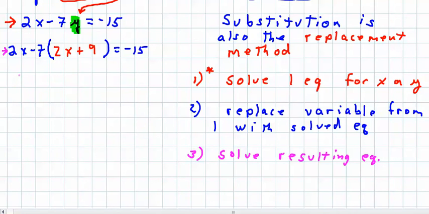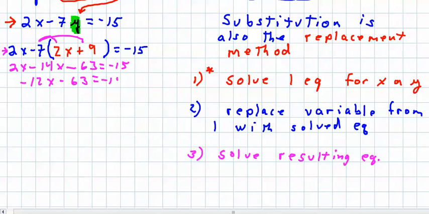So I'm going to solve that. 2x minus, and I distribute 7 times 2, 14x, minus 7 times 9, 63, equals negative 15. 2x minus 14x, negative 12x, minus 63, equals negative 15.